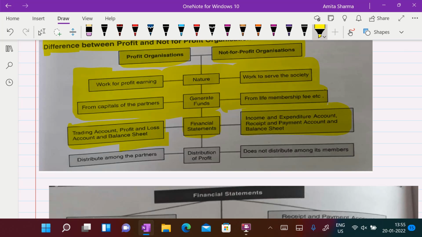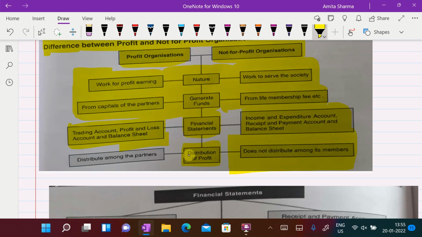And students, the fourth difference point between profit organization and not for profit organization is distribution of profit. Not for profit organizations do not distribute the profit. If anything is left after meeting all expenditure, any surplus, that surplus is transferred to the capital fund.